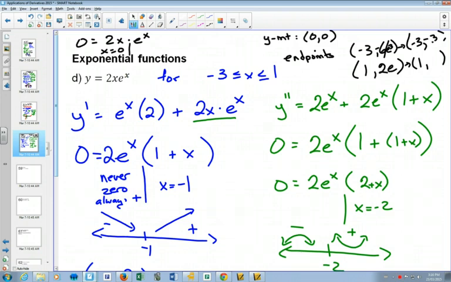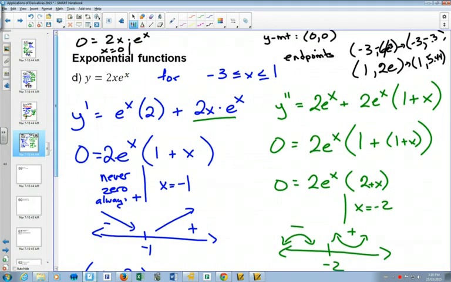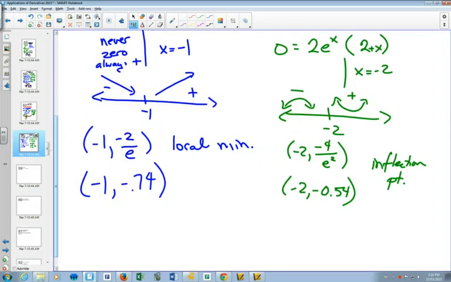I'll just write -0.3. And 2e is 5.44. Okay, so now we've got our endpoints, we've got our y-intercept slash x-intercept, we've got our inflection point, and we've got our local minimum.